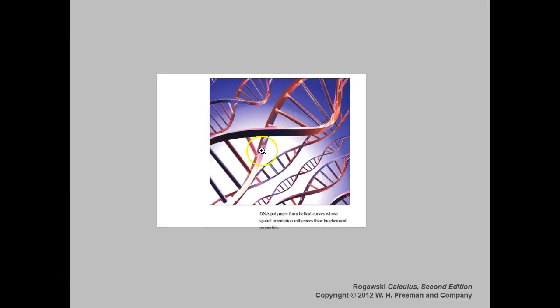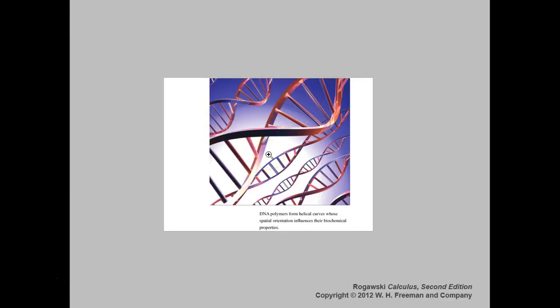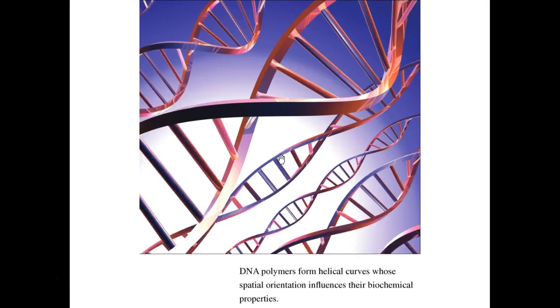Now, I usually don't see these two words together. Maybe I just don't read the right literature, but DNA polymers form helical curves whose spatial orientation influences biochemical properties. I think of DNA as the stuff that's inside every cell, and I don't know why they call it a polymer.